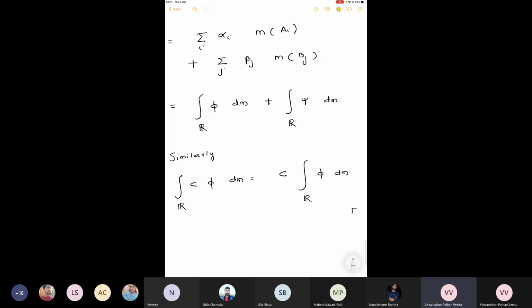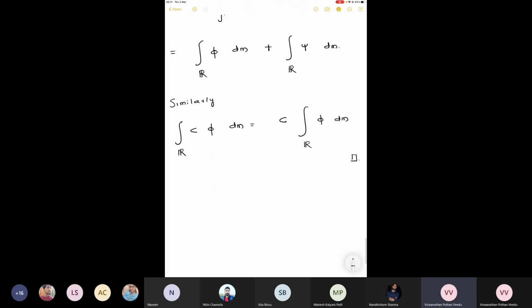So this establishes this proposition. It looks very innocent, but it is very important to see that at each stage of your integration process, the integral that you have defined satisfies the property that we expect.